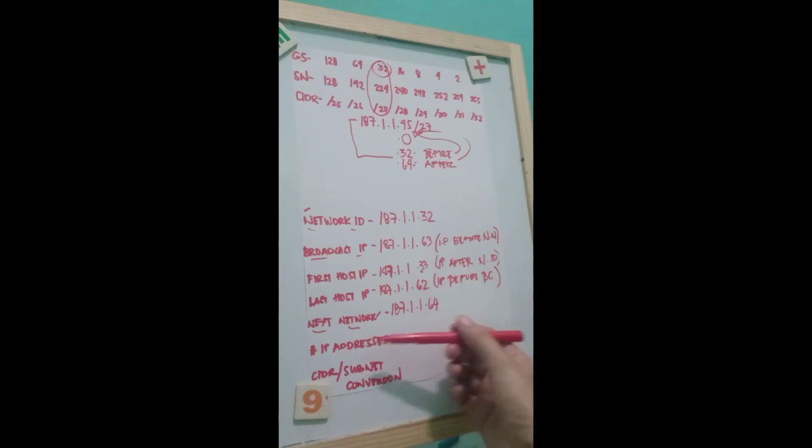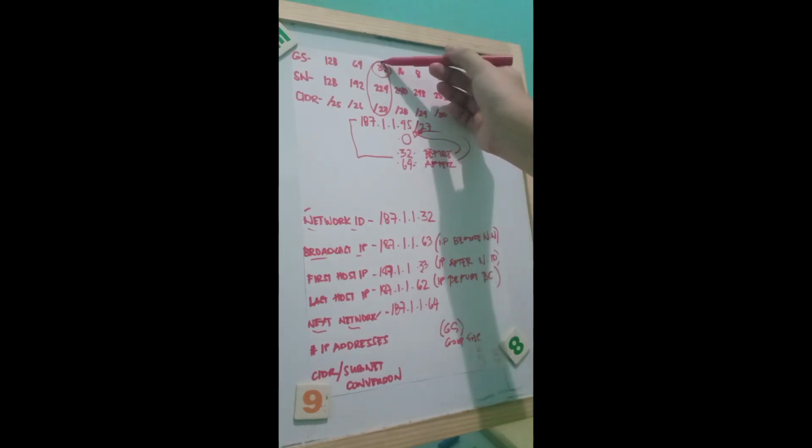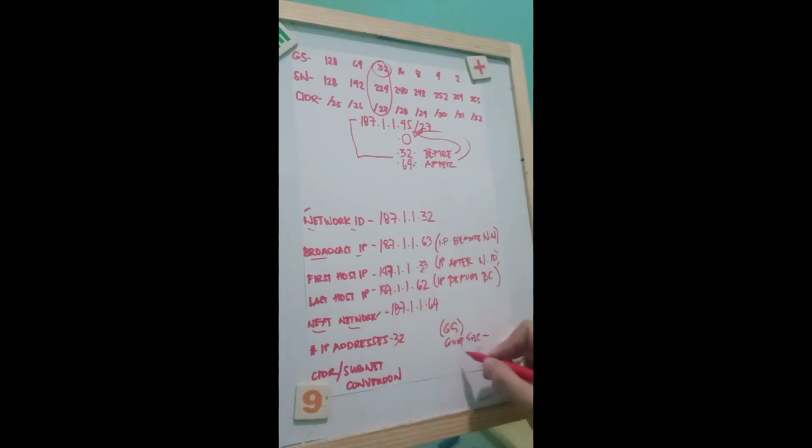Next, we have two more: the number of IP addresses and the CIDR subnet conversion. The number of IP addresses is the same as the GS, or the group size. So our group size for CIDR 27 is 32. But you have to subtract the two IDs, which are the network ID and the broadcast IP.